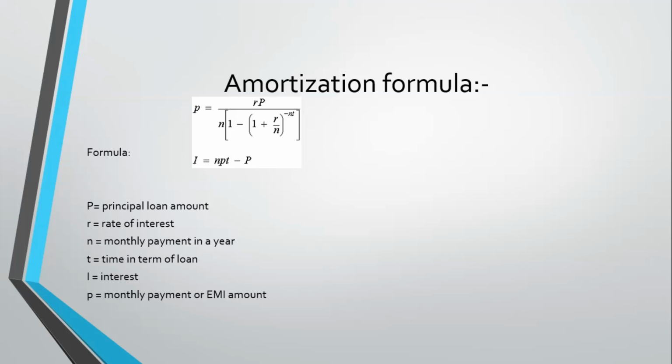P uppercase for principal loan amount, r for rate of interest, n for monthly payment in a year, t for time in term of loan, I for interest, p lowercase for monthly payment or EMI amount.